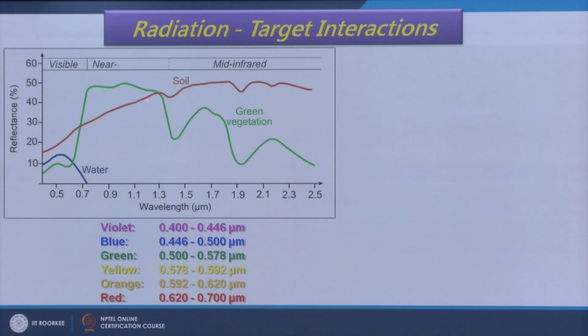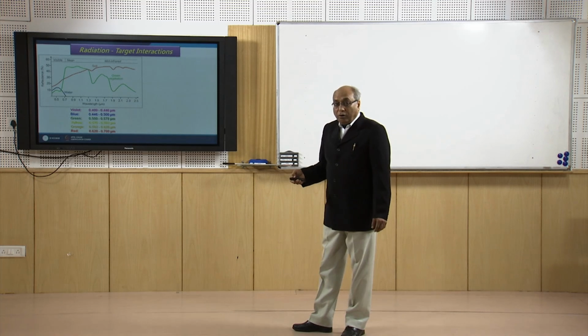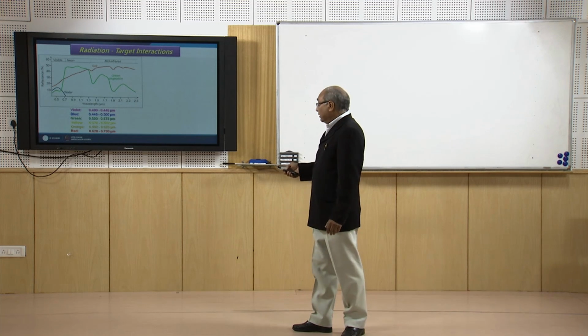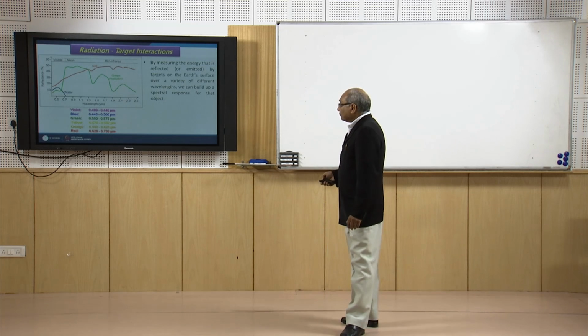And if the vegetation is not healthy, then there might be a shift in this curve, and the curve may shift towards the left. So we also use this to find out whether vegetation is enjoying good health, whether chlorophyll content is normal or abnormal, if there is not high reflection in near infrared.